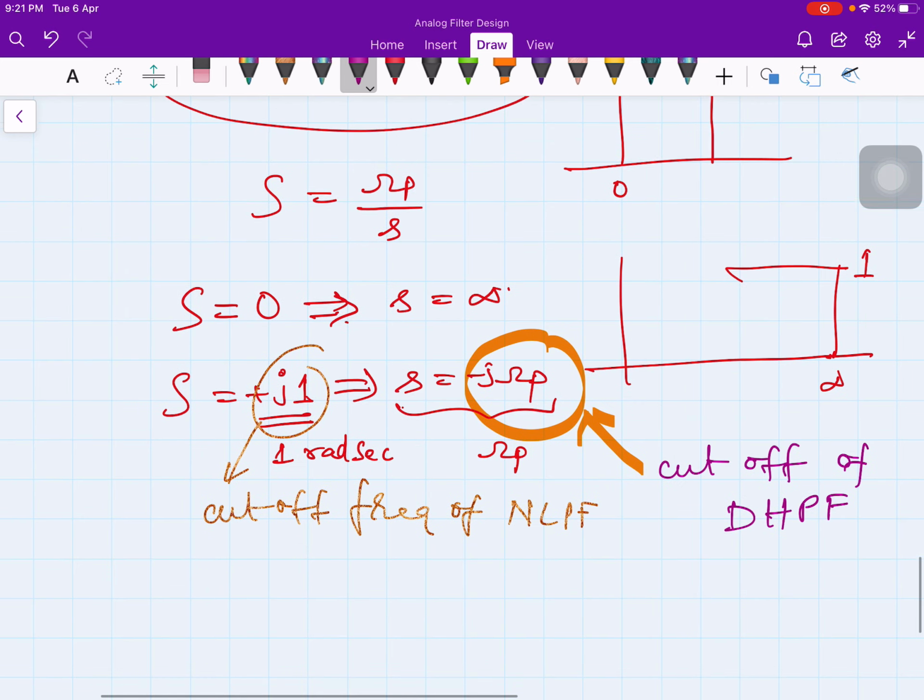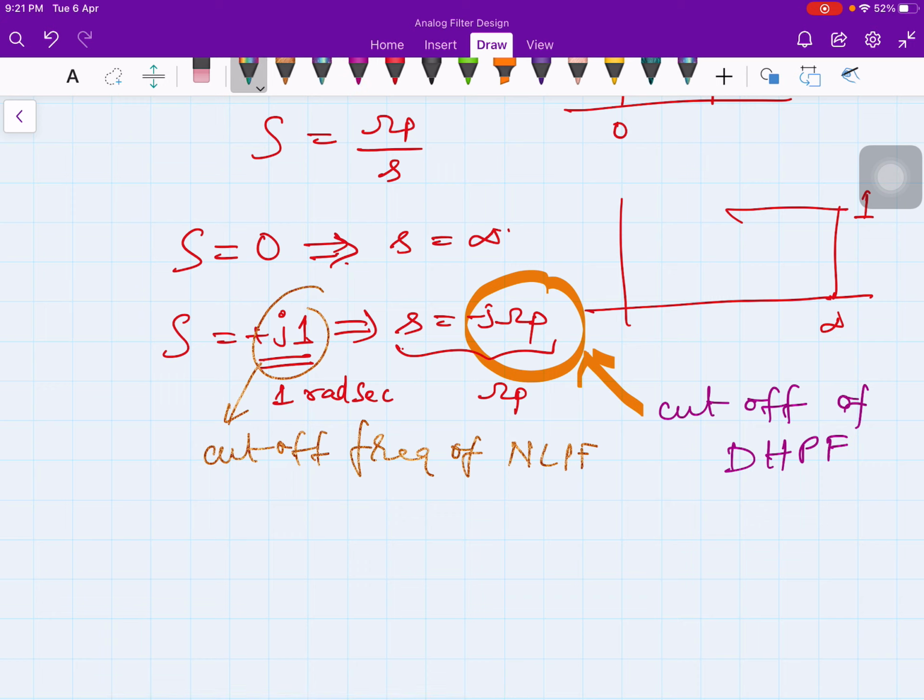Okay, so that's it. Similarly, when capital S equal to minus j1, then this is transformed to small s equal to plus j omega p. That's it. So you see the magnitude characteristic is even if you plot. For negative frequencies you will get the even.